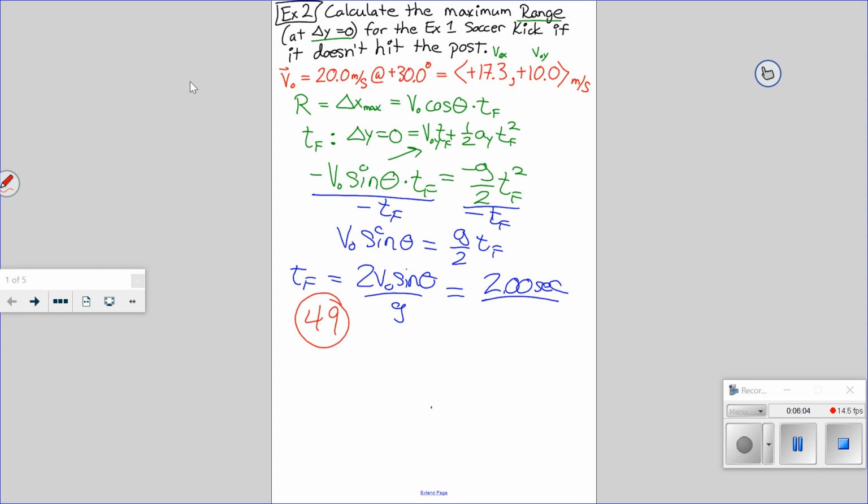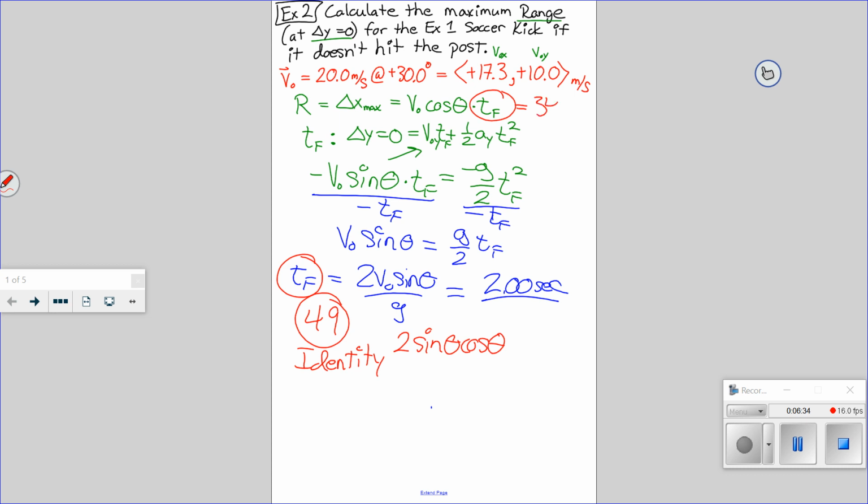So I mostly did 49, and I brought this up because there's an identity from trig that you may not know, that if you have 2 times the sine of an angle times the cosine of the same angle, can you kind of see how that's going to happen up here? If I plug in t final right here to solve for the range, which should actually be 34.6 meters.